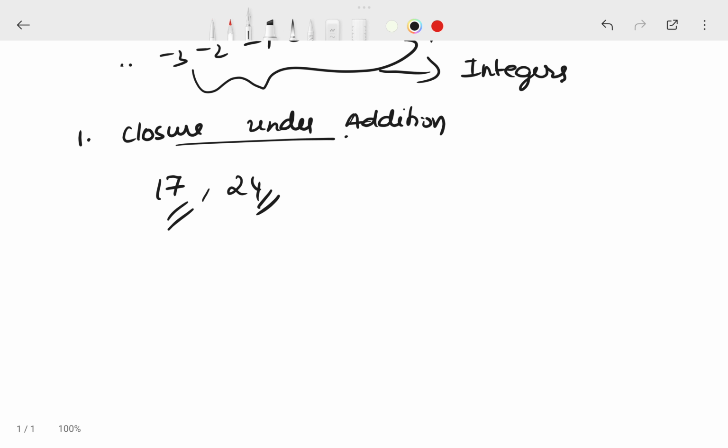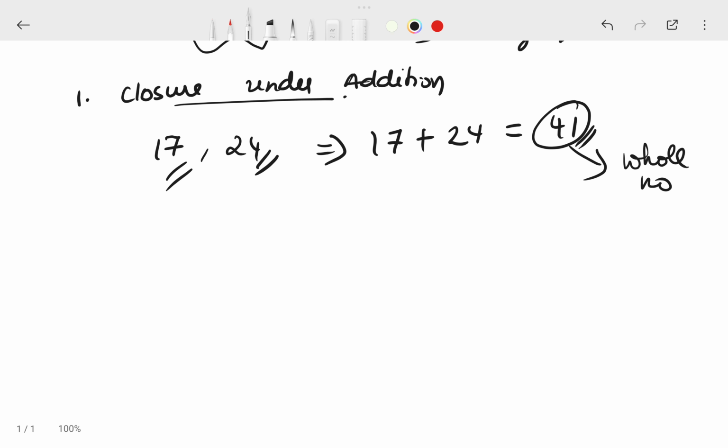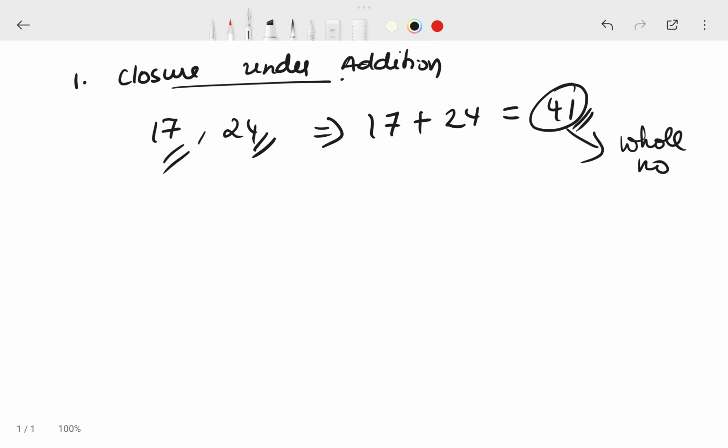These two are whole numbers, and if we add 17 plus 24, we get 41. Sorry, this is a whole number. These both are whole numbers, so from this we can say closure is true for whole numbers.